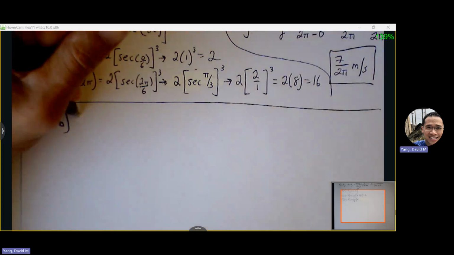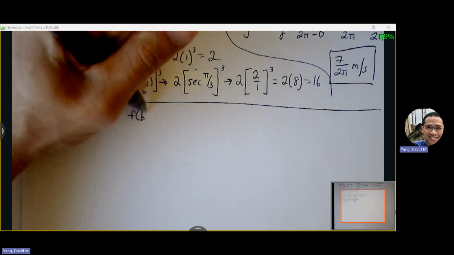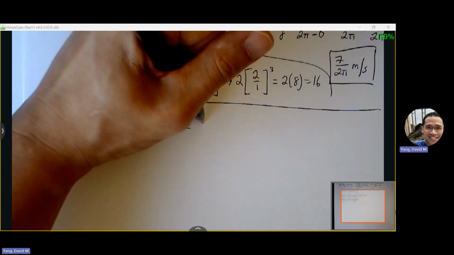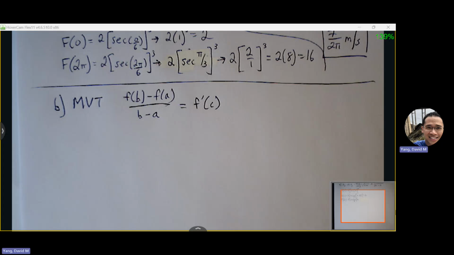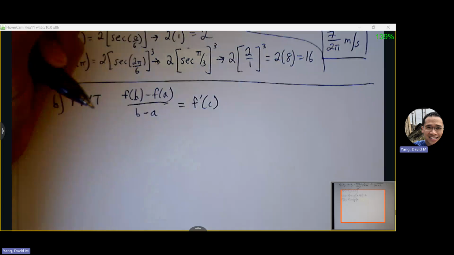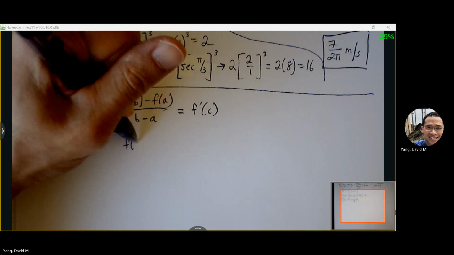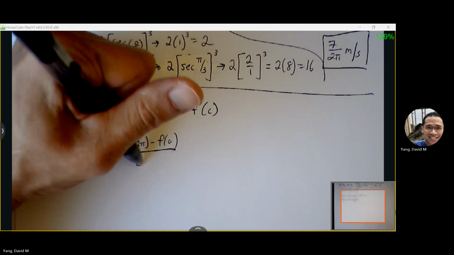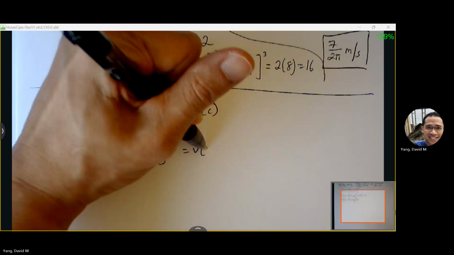So typically we think of mean value theorem as this formula, right? Average rate of change equaling the instantaneous rate of change. And now we can adapt this for this particular problem, which is the change in velocity, which is change in position over change in time, equaling the velocity function.